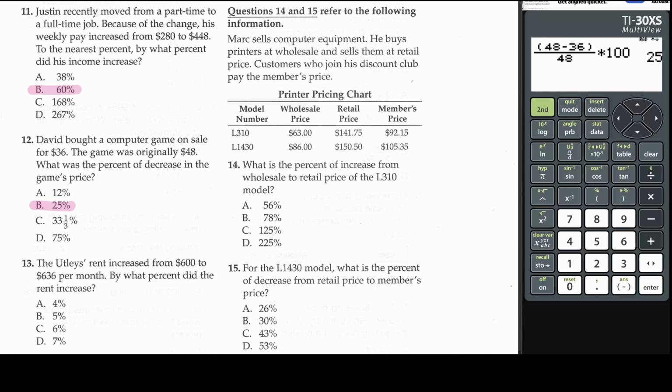Number 13. The Atlee's rent increased from $600 to $636 per month. By what percent did the rent increase? Okay, go to the calculator, clear the screen.